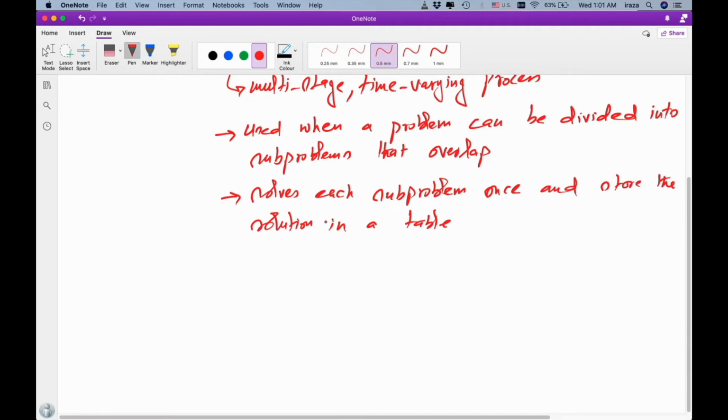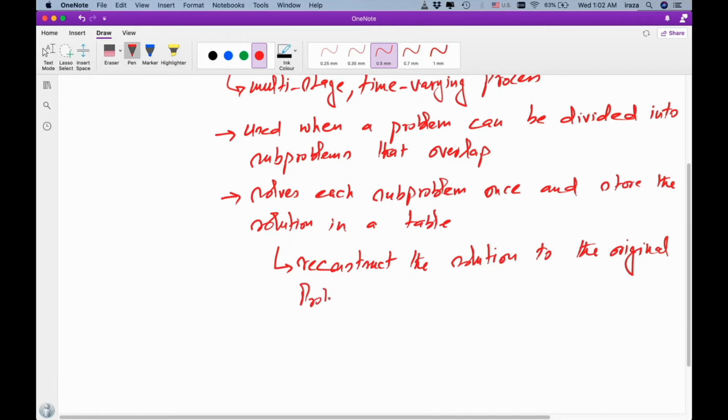So what we can do is reconstruct the solution to the original problem from the solutions to the subproblems, right?